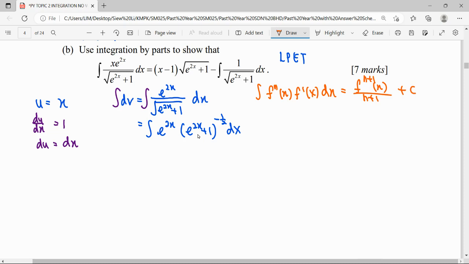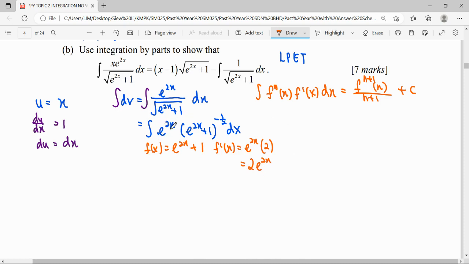So from here, we're going to select the function as e to x. When we differentiate the exponential, we get 2, the power. Then differentiating 1, we get 0. So we're supposed to have 2e to x at the side here.